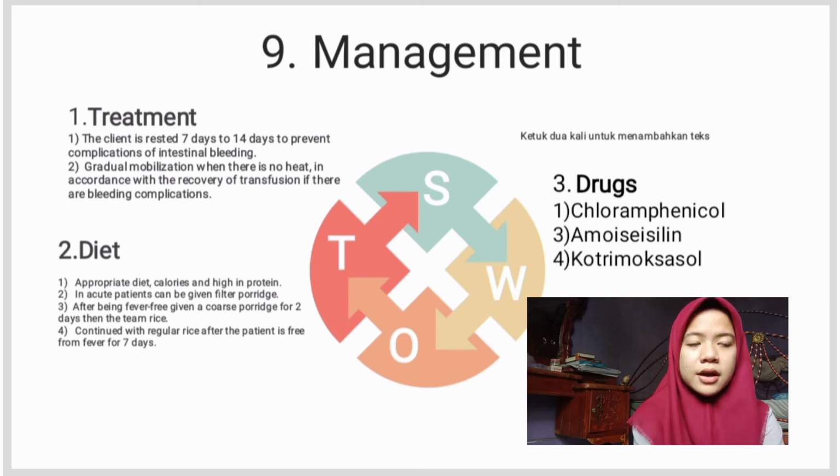Number 2, diet. Appropriate diet, calories, and high in protein. In acute patients can be given filtered porridge. After being fever-free, given a coarse porridge for 2 days. Then soft rice continued with regular rice after the patient is free from fever for 7 days.